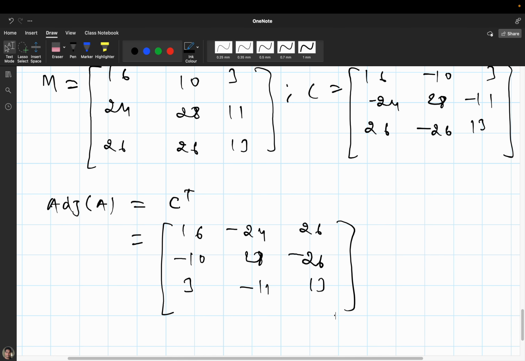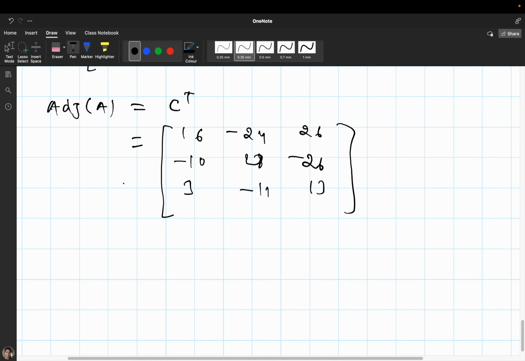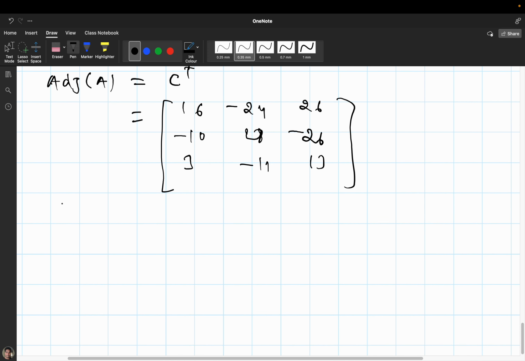Now I will write a formula. That formula is quite applicable to find the inverse of matrices without any elementary row operation. That formula is A times adjoint of A equal to what? I know that you know this. Tell me.